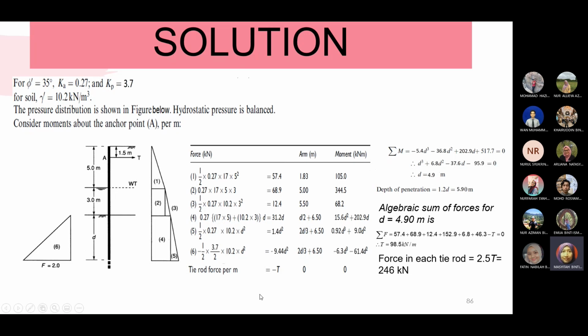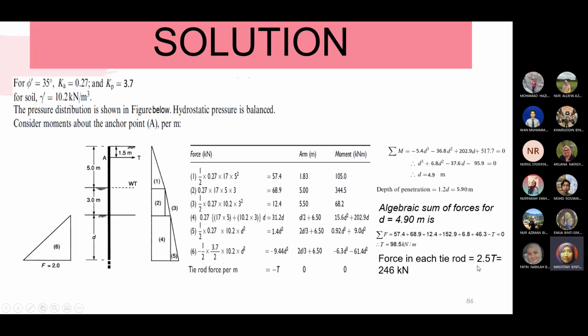So when you finish all this part, you dah dapatkan moment equation, force equations. By using the algebraic sum of forces for D, you akan dapat embedment depth is a 4.90, whereas the tie force is a 98.5 kilonewton per meter. So the force in each tie rod is a 246 kilonewton.